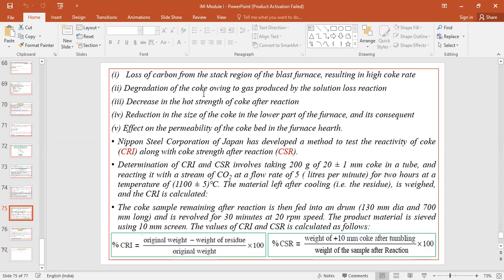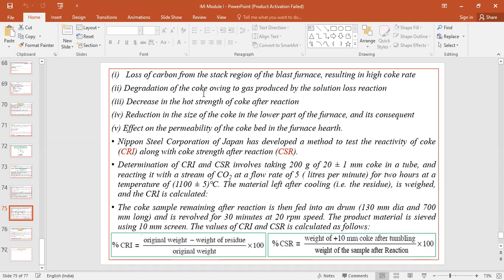Nippon Steel Corporation of Japan developed a method to test the reactivity of coke, that is CRI, coke reactivity index, along with coke strength after reaction, that is CSR.